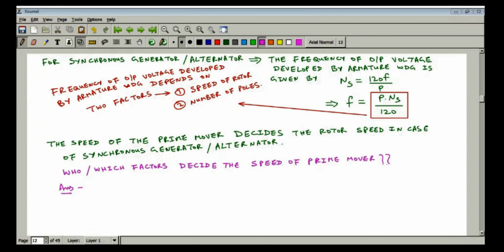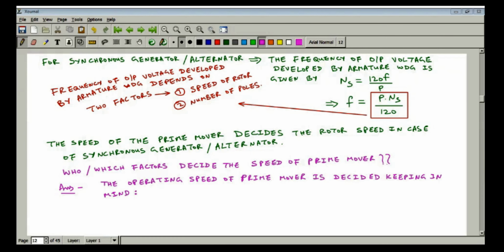The answer is that the operating speed of the prime mover is decided keeping in mind at which speed the operating efficiency is maximum.